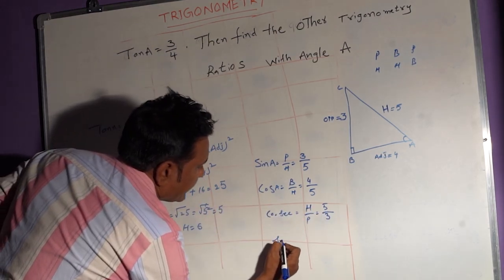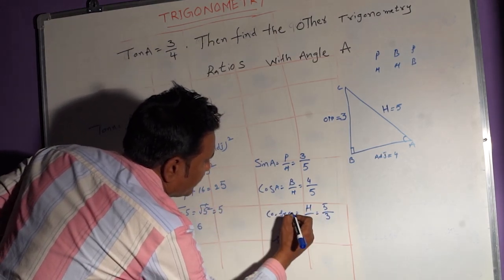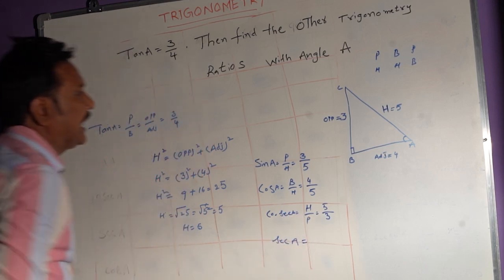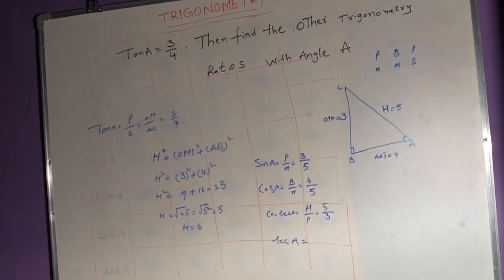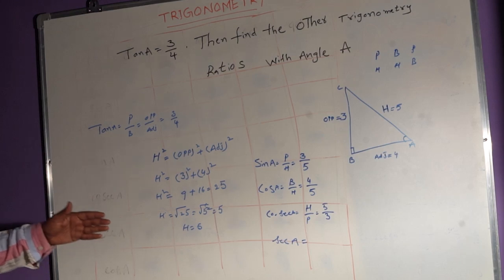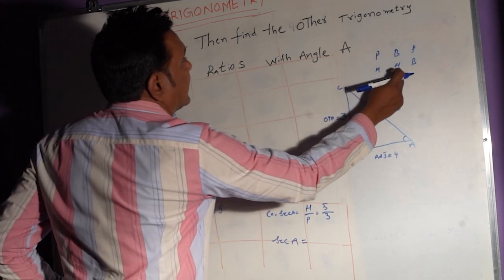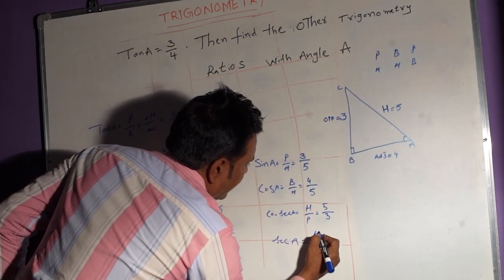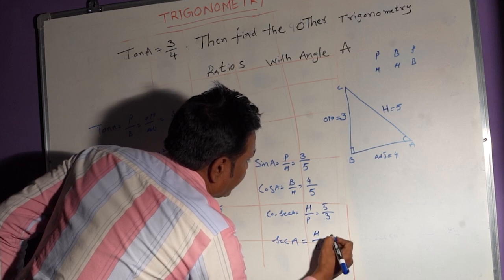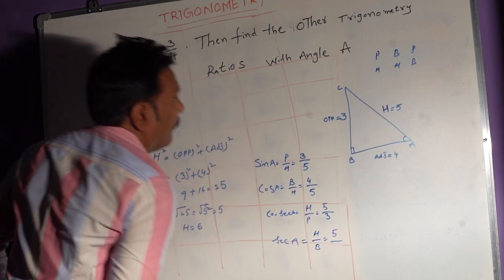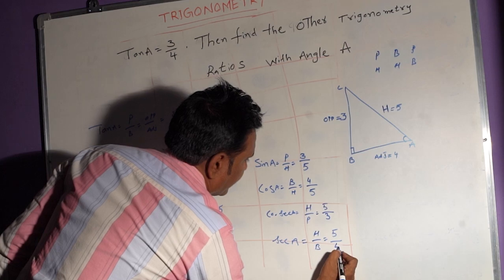Then sec A value. Secant A is equal to, secant value is the opposite of the cos value, H by B. Then H is equal to 5 by B, adjacent 4.